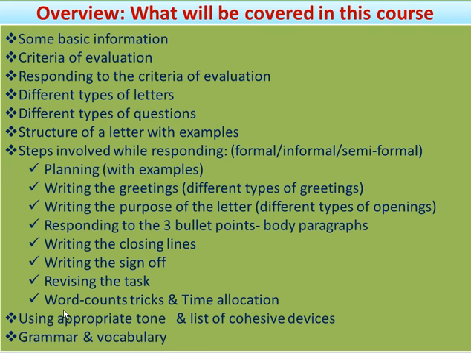And finally, how to improve the grammar and the vocabulary involved in this particular task. In the end, I'll also give you tips on how to prepare effectively for this IELTS General Writing Task 1, and what additional resources can be used for better preparation, right?